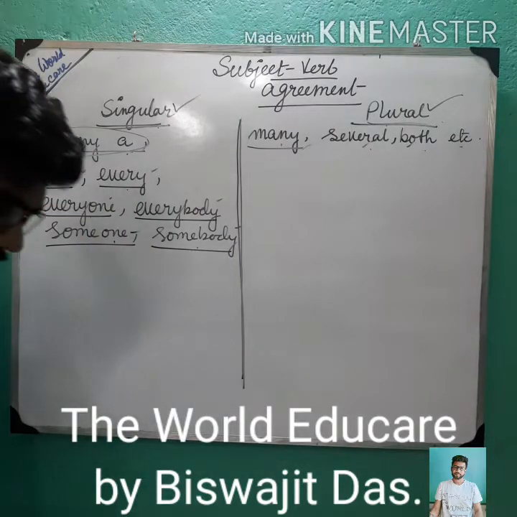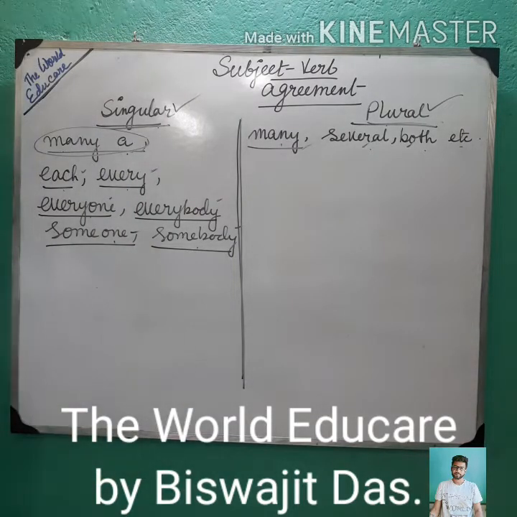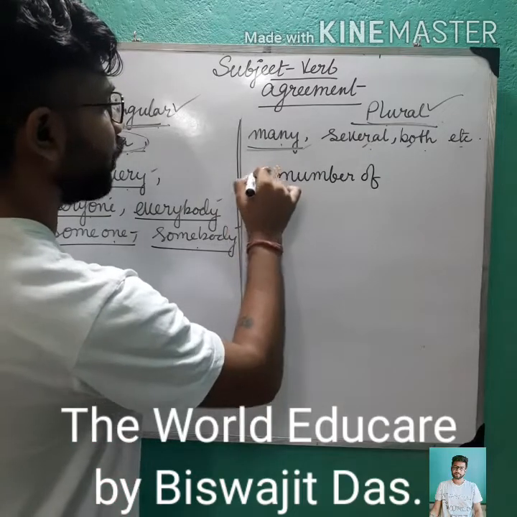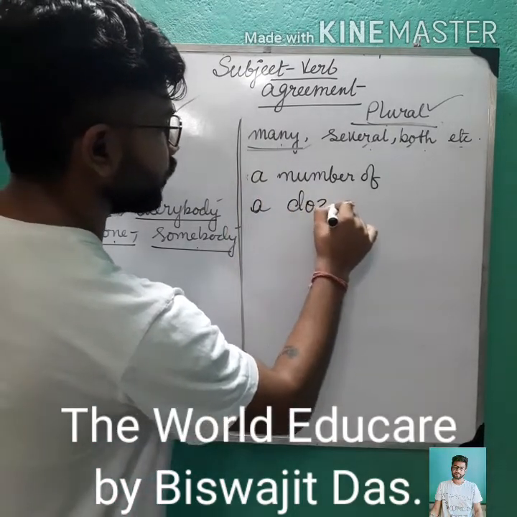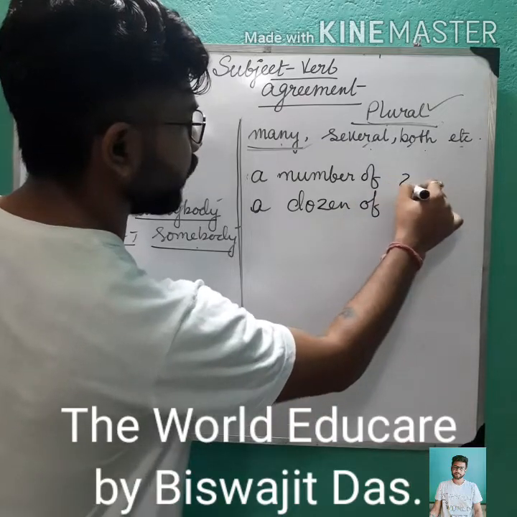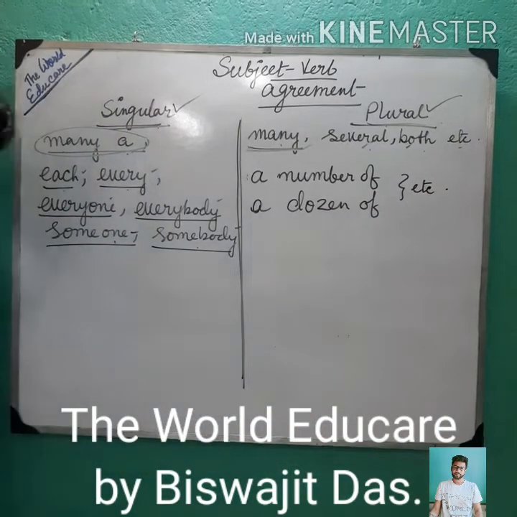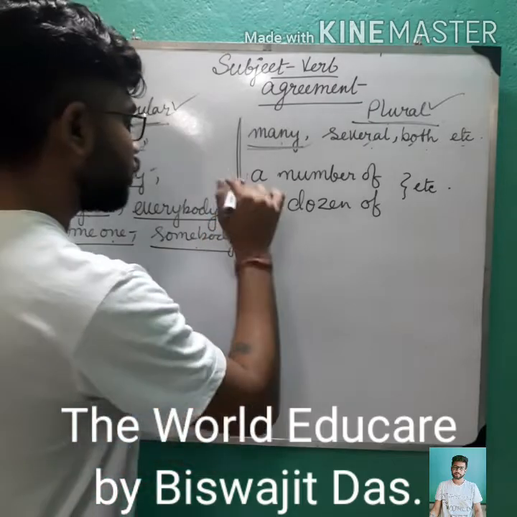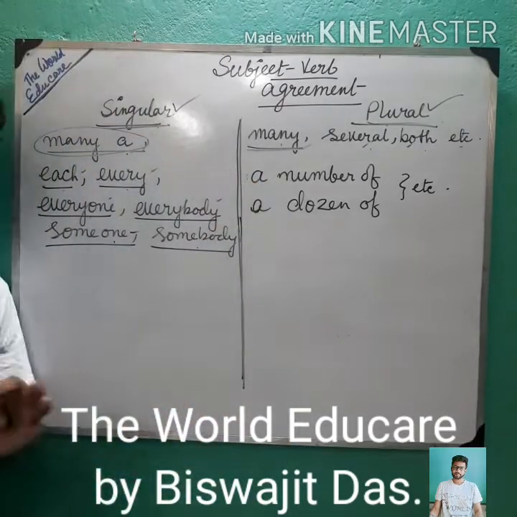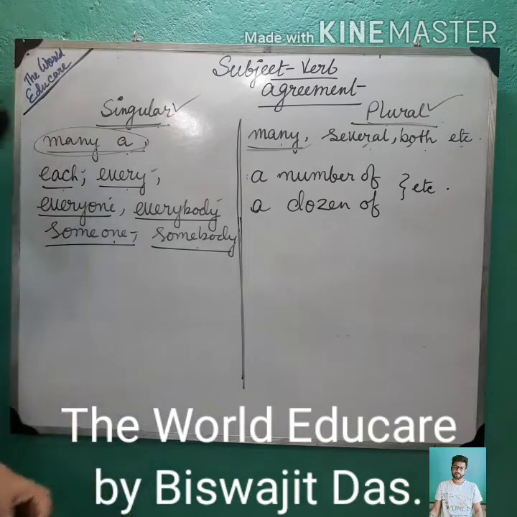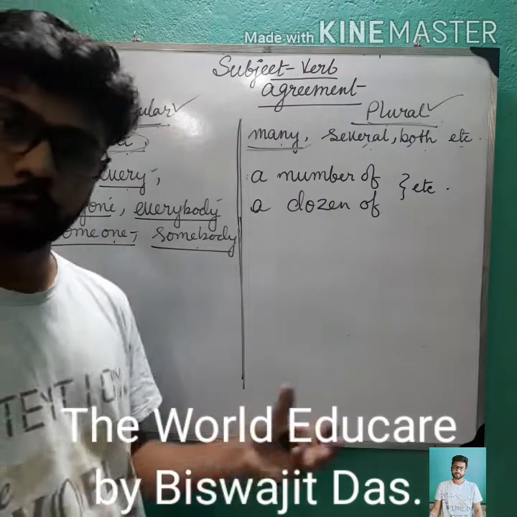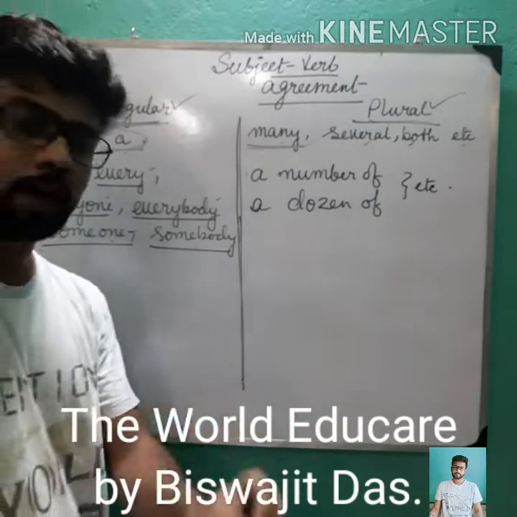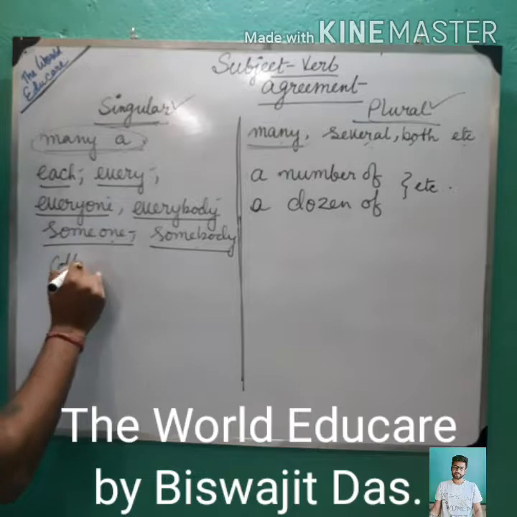Likewise, in plural we can write a number of, a dozen of, etc. These are plural. Again, some collective nouns like an army of, a troop of, a group of use singular verbs. So I am writing here collective nouns.